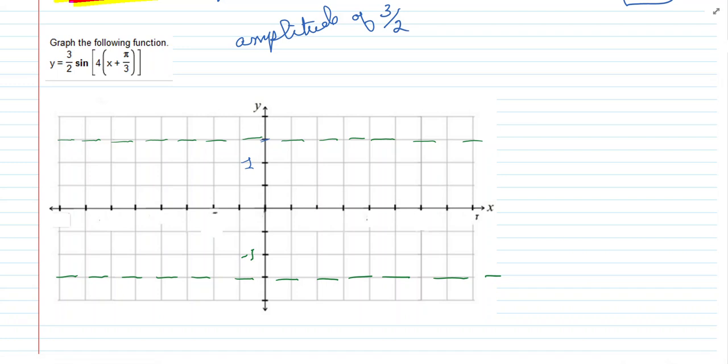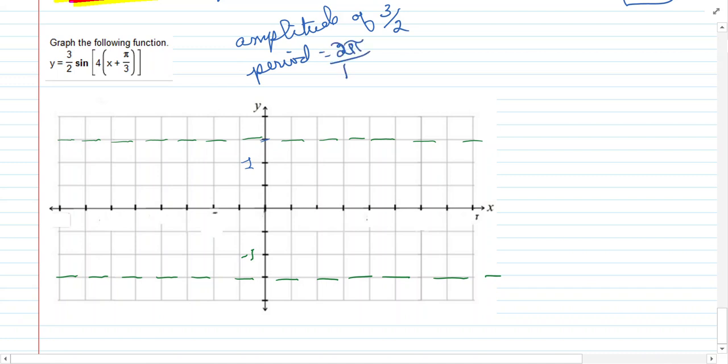Not a phase shift yet. I have the amplitude. Now I want the period, which is 2 pi divided by b, and b is 4, so I have pi halves.